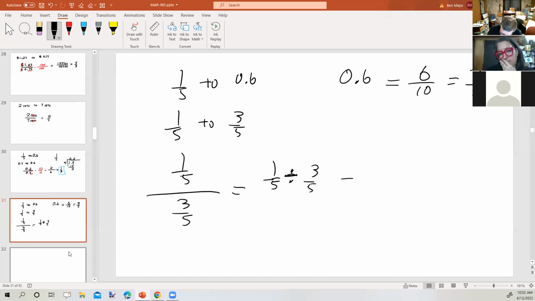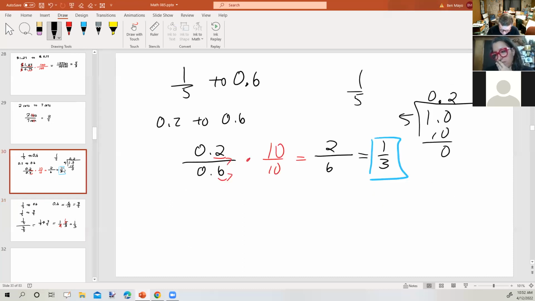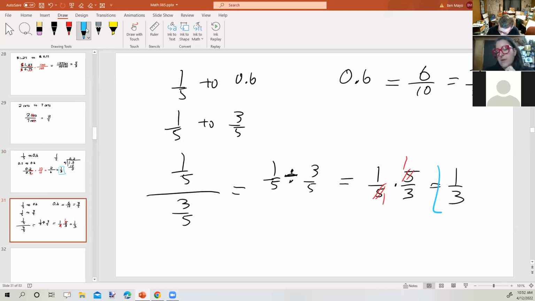But what do you do when you're dividing by a fraction? You multiply by its reciprocal. Okay. Then I could reduce this down and I get a final answer of 1/3. So there you go. Same answer as we got before, just a different approach.